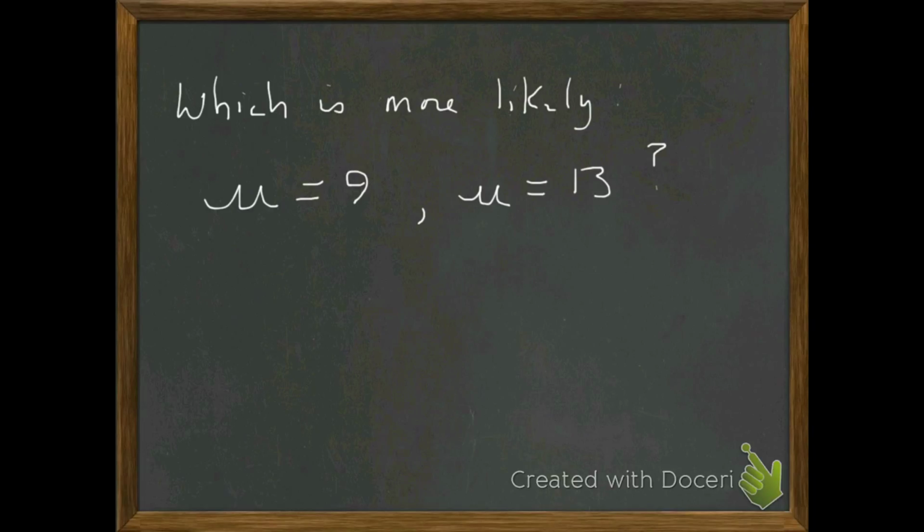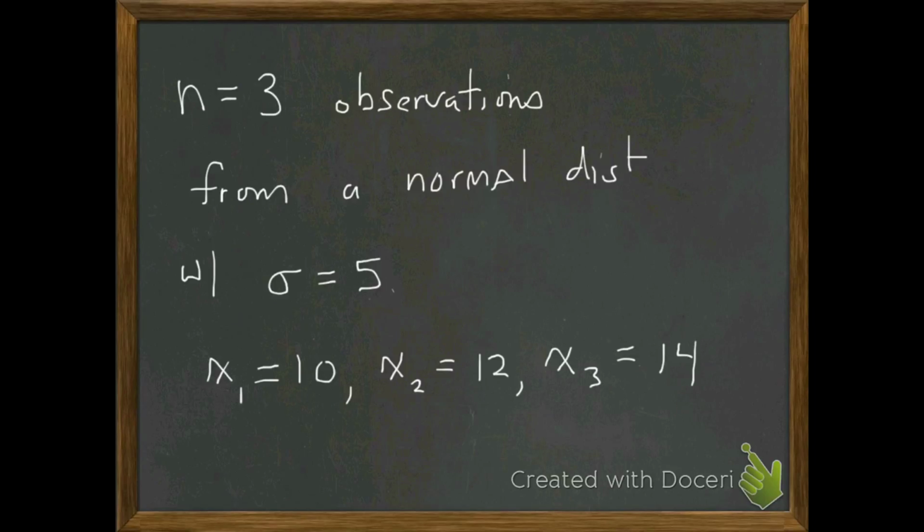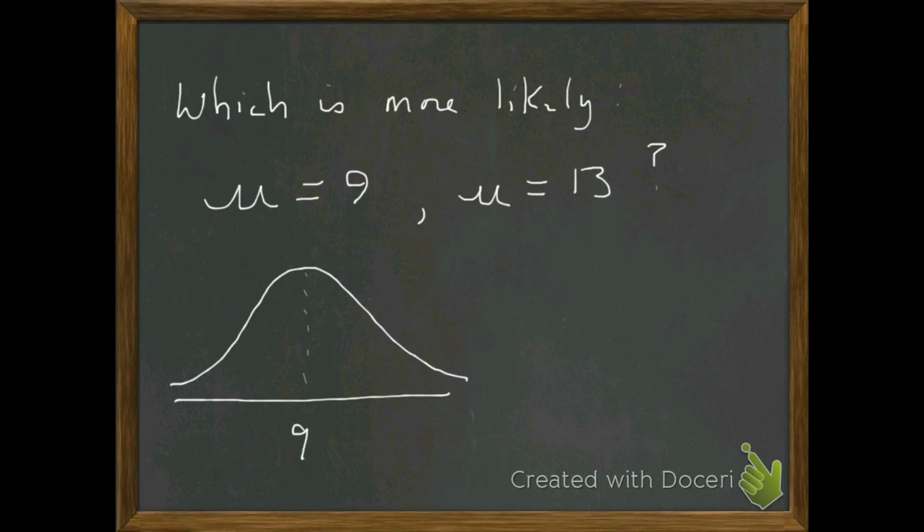So we can look at a couple of illustrations here. If we have a mean equal to 9, and our data was 10, 12, 14, well, that could happen.